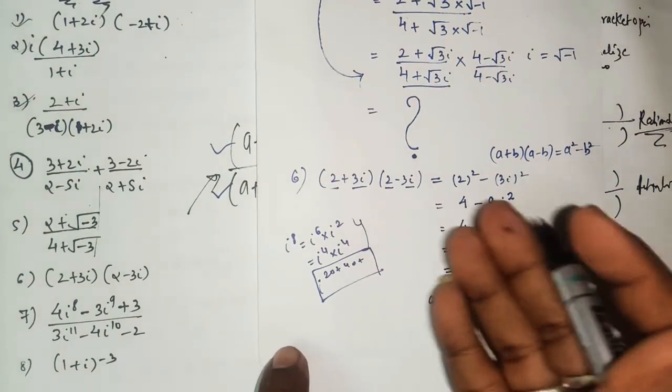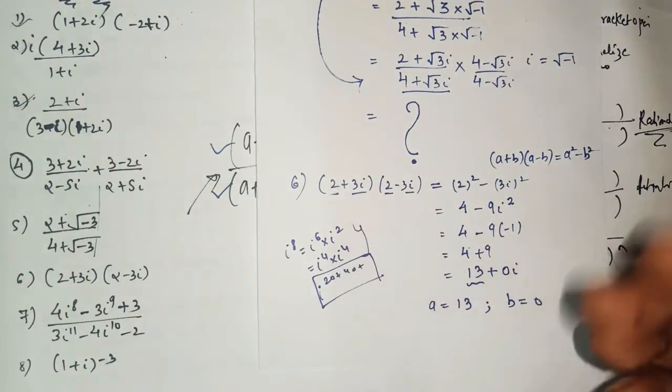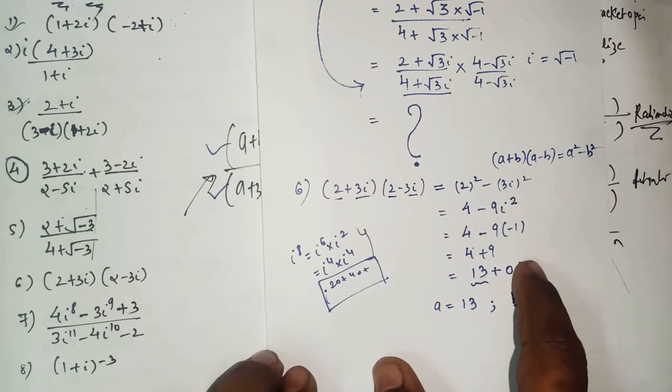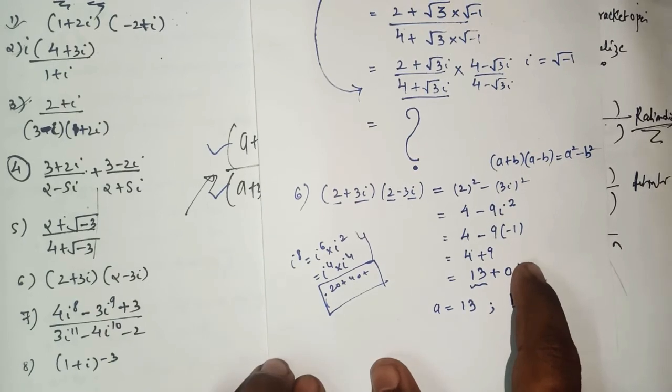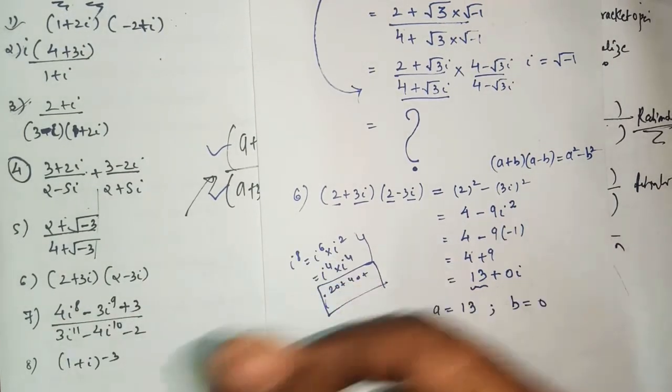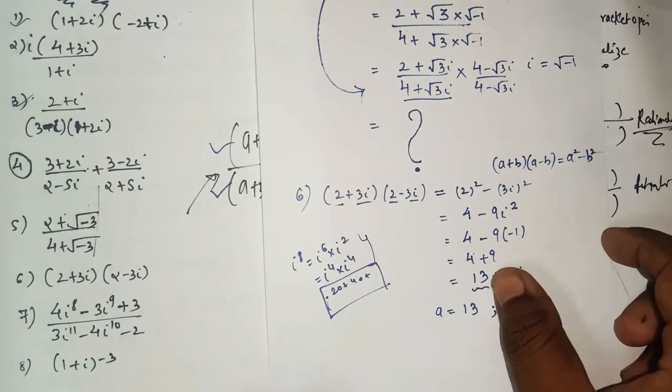But if the power is less than 20, the trick is very interesting and very beautiful. I will share with you all how to find the value of i raised to 8, 9, 11, 10 in just a fraction of a second. So let's move on.